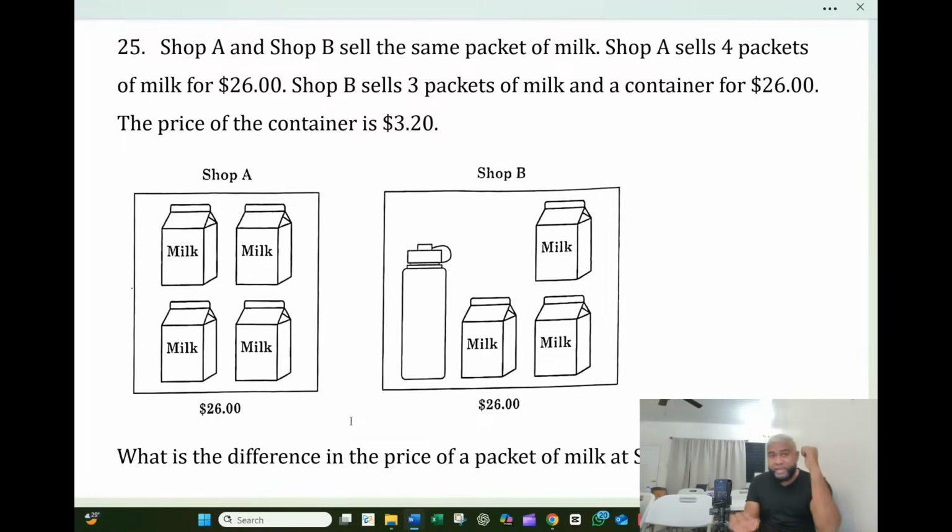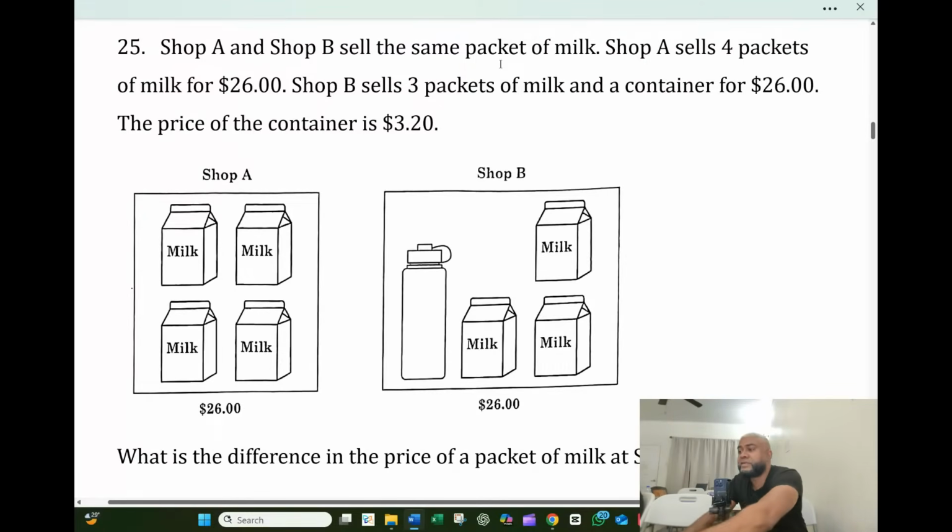Right. They said shop A and shop B sell the same packets of milk. Shop A sells 4 packets of milk for $26. Shop B sells 3 packets of milk and a container for $26, right?